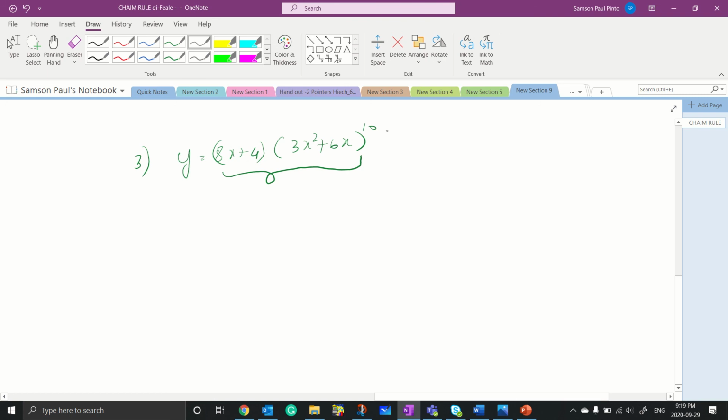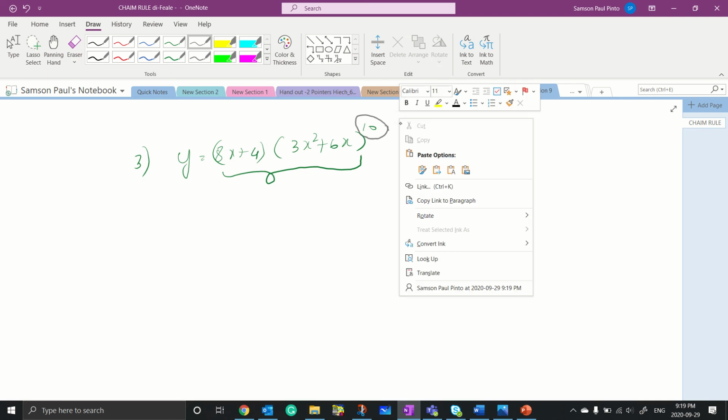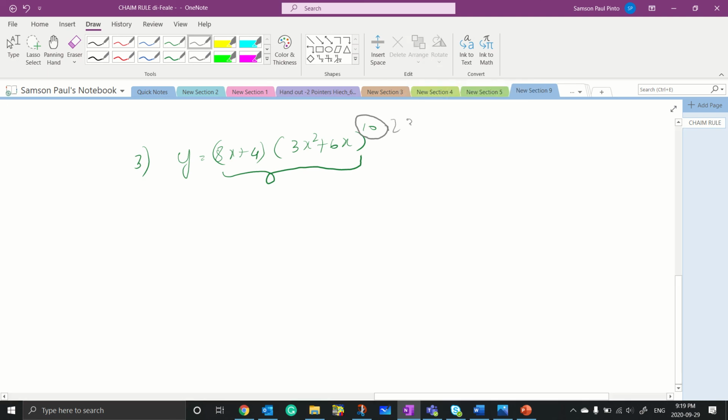You see, there is no way to solve this problem easily because the power is 10. If the power is 2 or 3, I'm sure most of you would have avoided the chain rule by multiplying. I would have preferred that you follow the chain rule, but most of you would have avoided it by just not using the chain rule at all.